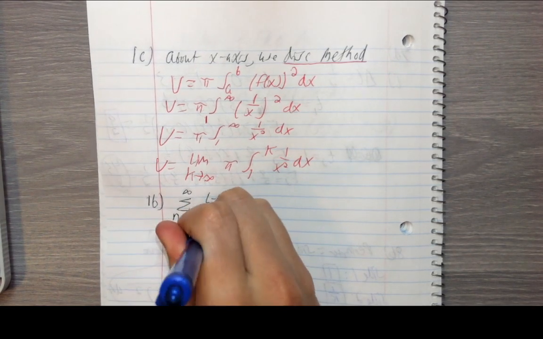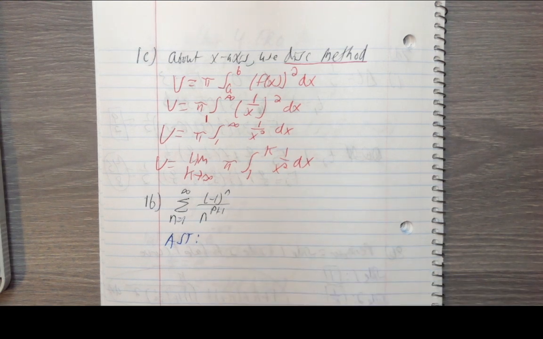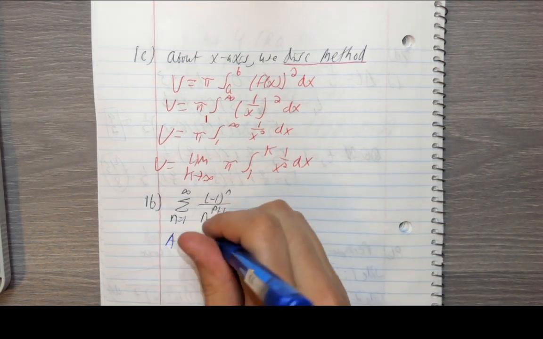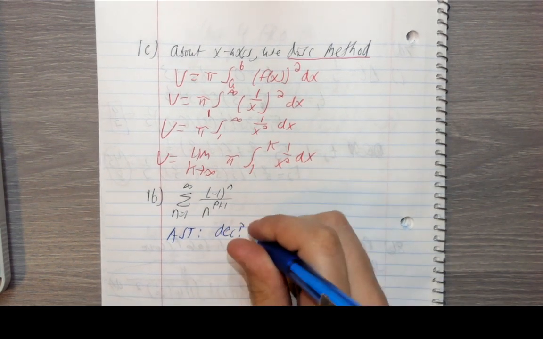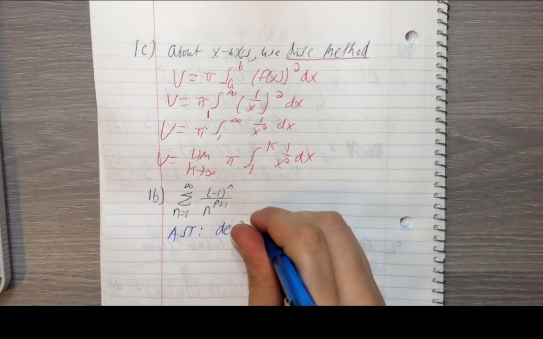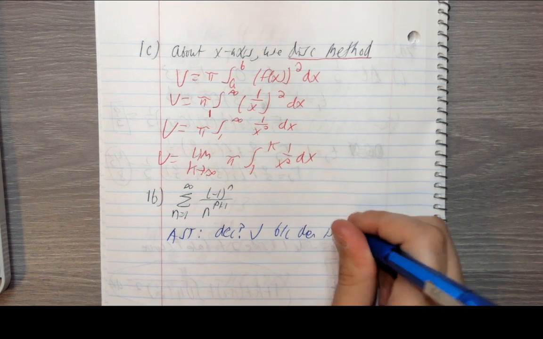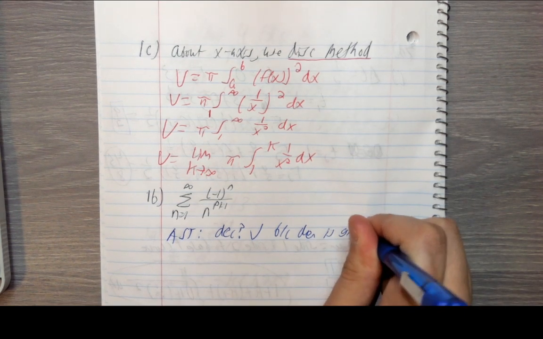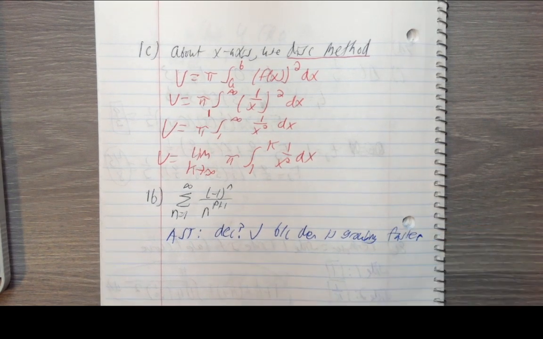The alternating series test is saying, is it decreasing? That's the first question. In this case, it definitely is. I'm just going to put a little check mark because the denominator is growing faster, so the fraction is going to get smaller and smaller.